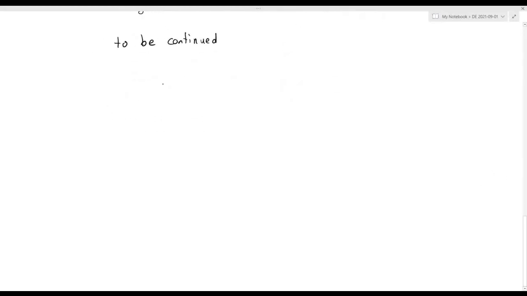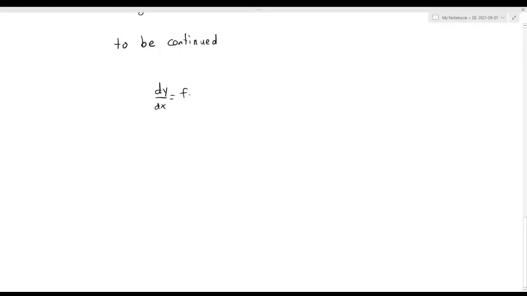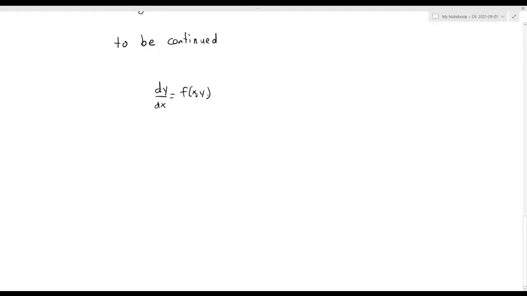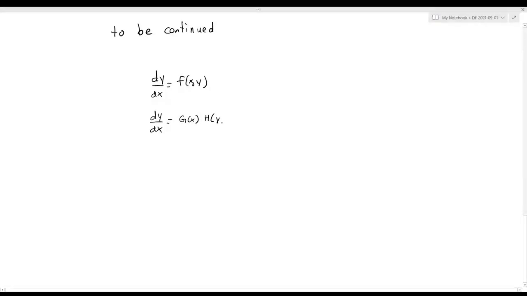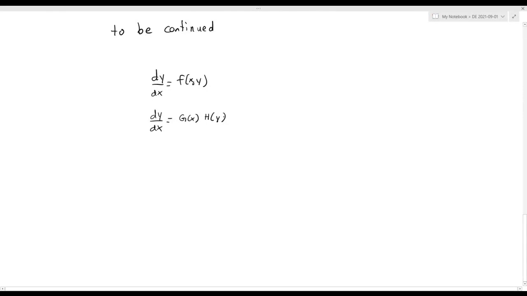One way to think of the conventional form for these first order differential equations is to have the derivative of the unknown function on one side and some function of x and y on the other side. If you happen to be able to factor the right-hand side as a function of x times a function of y, then you can separate the two variables on either side of the equality.